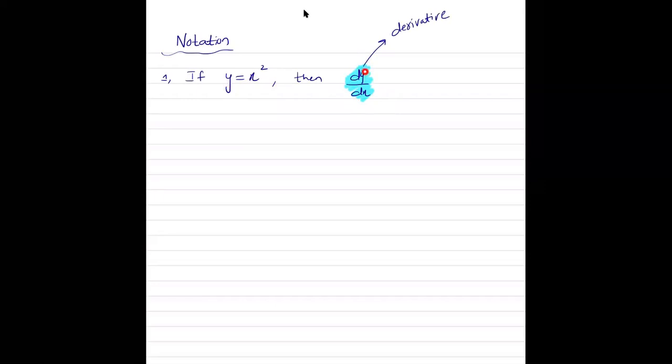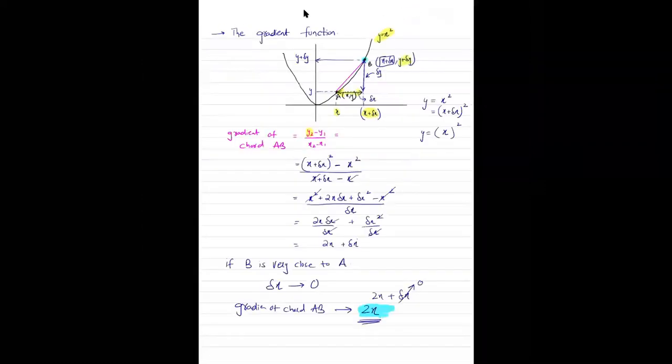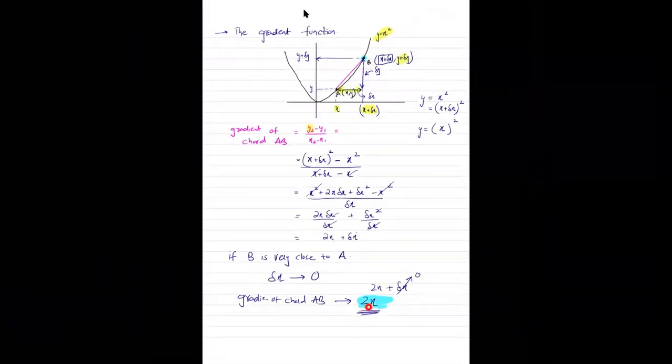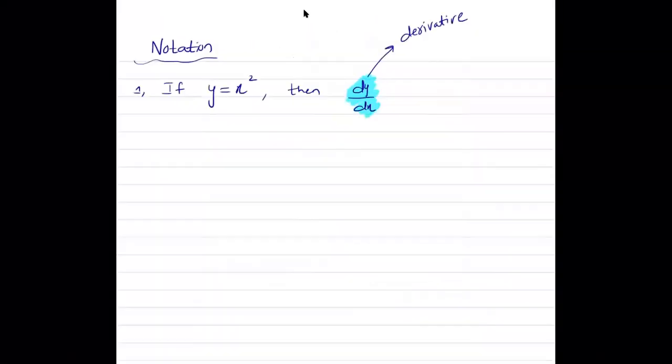So this is how we are going to notate it. We are going to write it dy by dx. And we just saw that the differentiation of this curve, y equals x squared, came out to be 2x. So the derivative of this function is equal to 2x.